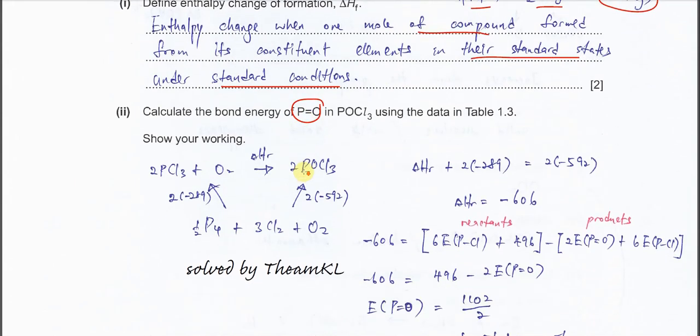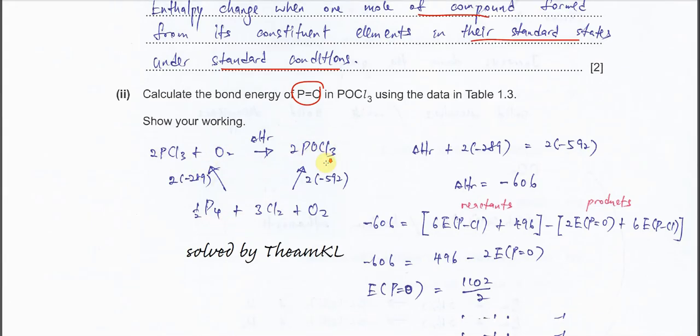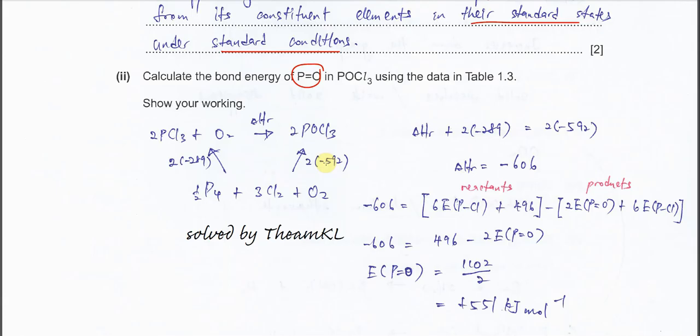And we start with this equation and we put the elements down there to link these reactants and products together. We must put phosphorus, chlorine, and oxygen, because these are the elements used to form the reactants and the products.